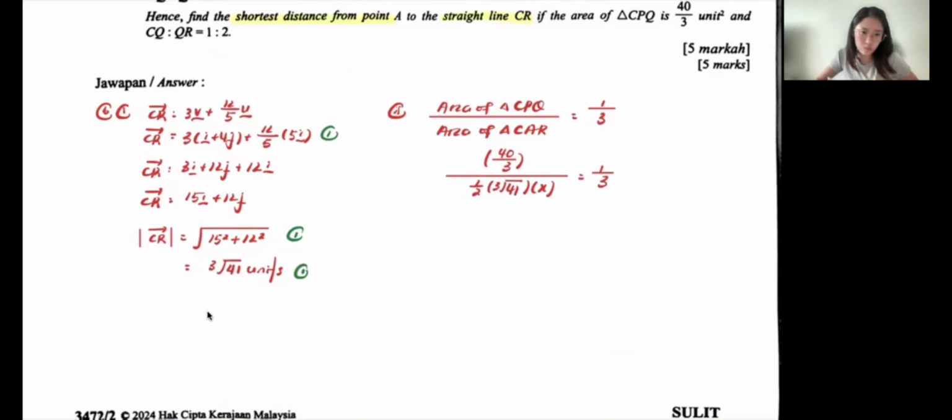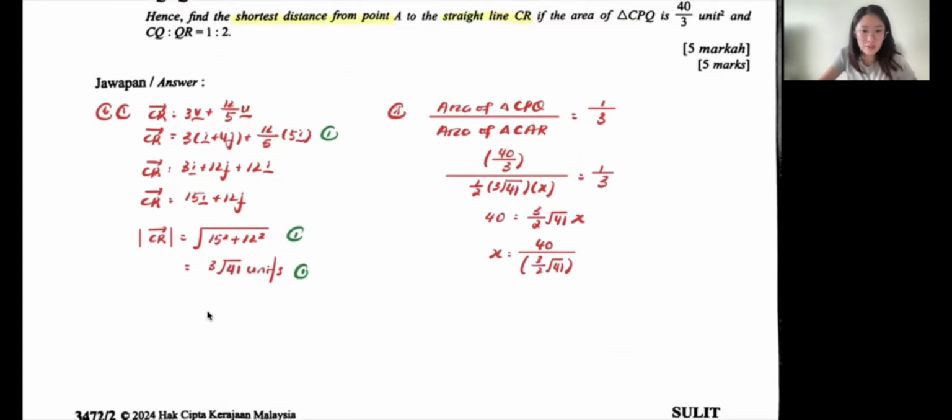So I label it x over here. Everybody, you can cross multiply. So 40 equals 3 over 2 surd 41 x. Then x equals 40 divided by 3 over 2 surd 41.